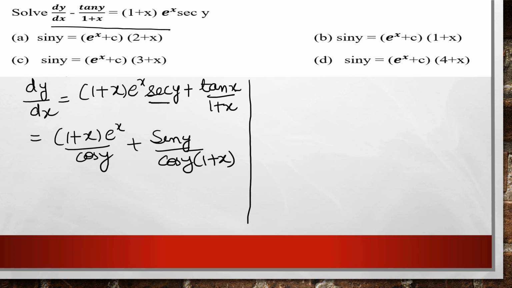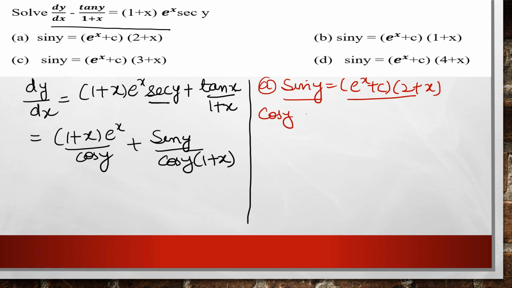We'll check the options. The first option is giving you sin y equals e power x plus c times 2 plus x. So differentiate both sides with respect to x. You will get cos y dy over dx equals, now if you differentiate these two things by operating the product rule, what will you get? Here the derivative of this thing will be e power x times 2 plus x as such, plus here you will get e power x plus c as such, and the derivative of this thing will be 1.